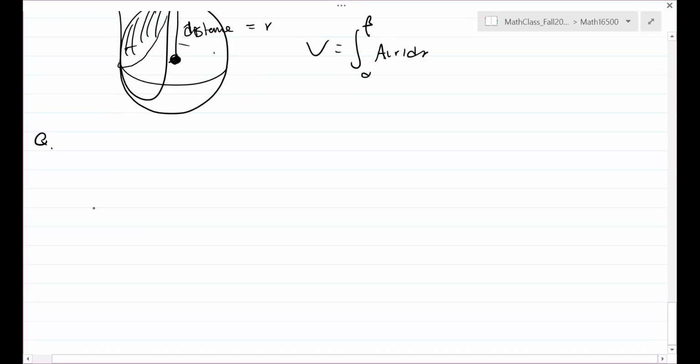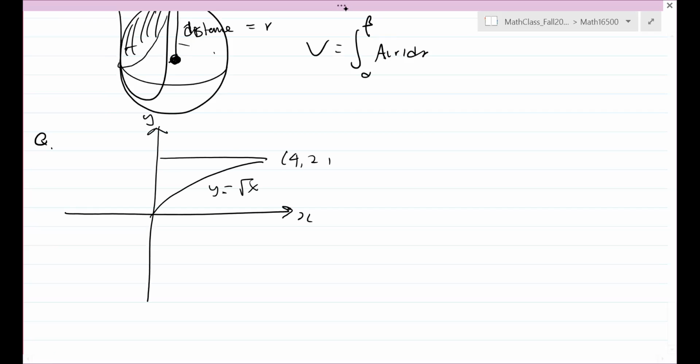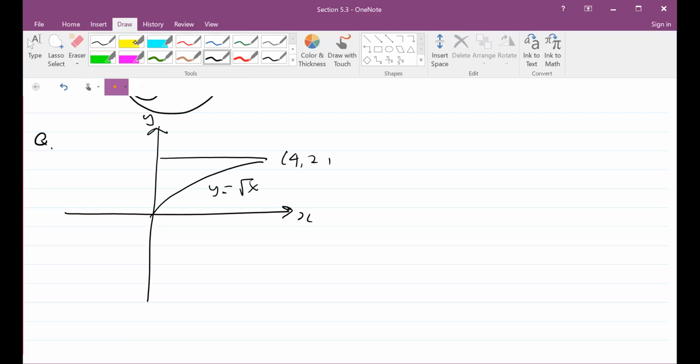Okay, so here's a picture. This is a curve, and that's the region. You rotate that region, this is y equals square root of x, about the x-axis. So that is a region we're going to study.